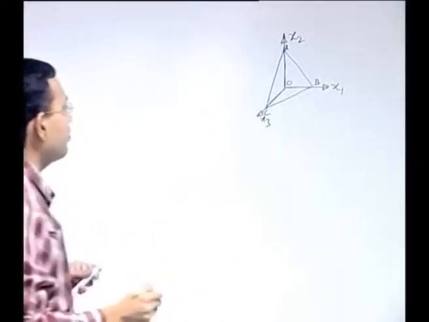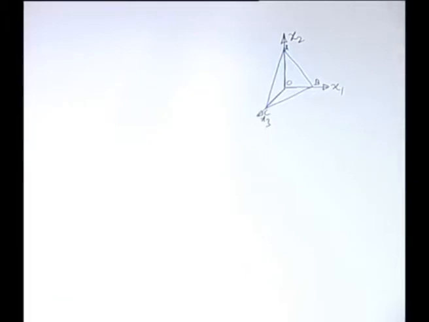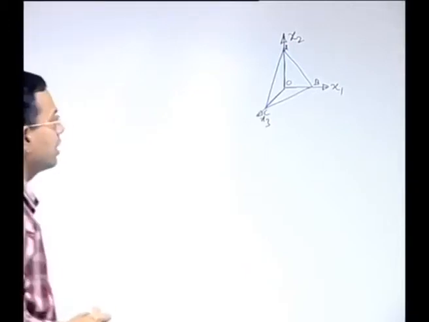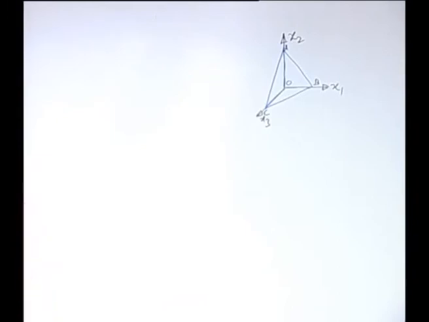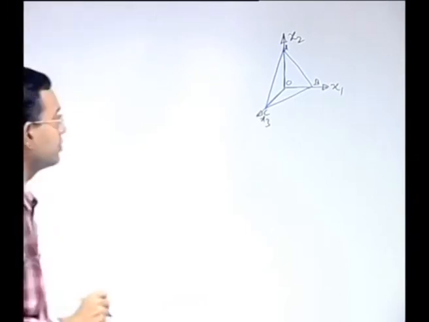We construct a volume with these 4 vertices A, B, C, O. So how many surfaces are there?